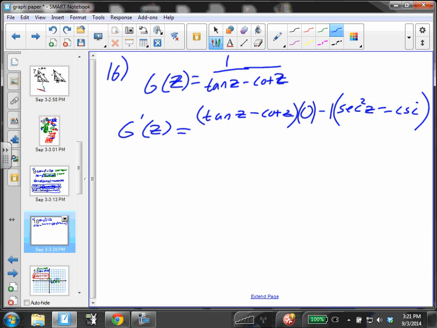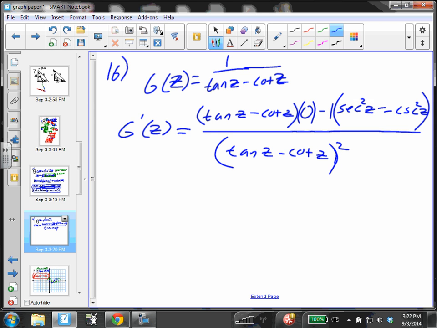Negative cosecant squared z. All over the bottom squared. So this will be tangent z minus cotangent z all squared, right? All squared.